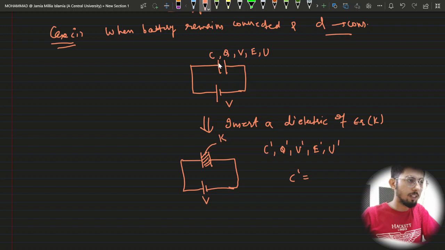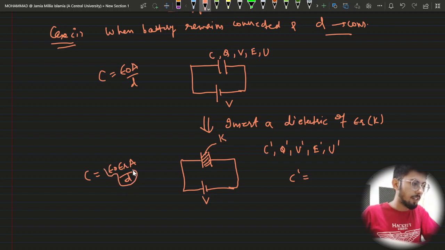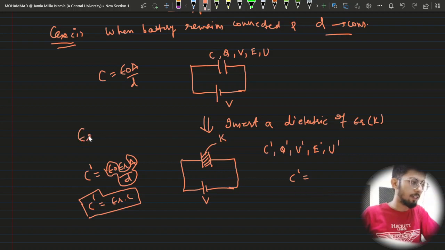Initially it is epsilon naught A upon D. When you insert a dielectric inside a capacitor, it becomes epsilon naught epsilon R A by D, which is C times epsilon R. That means the capacitance will be greater than C, because epsilon R is always greater than 1.